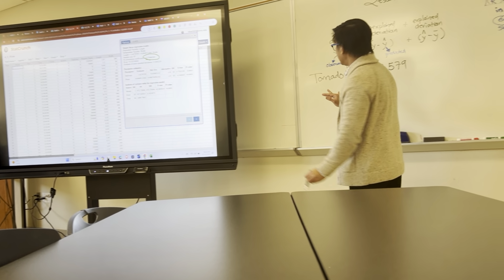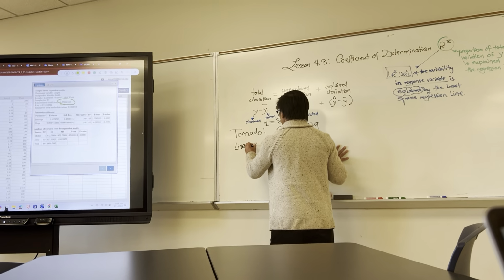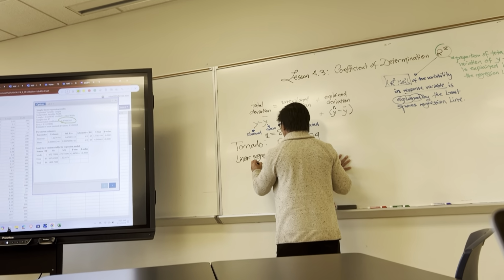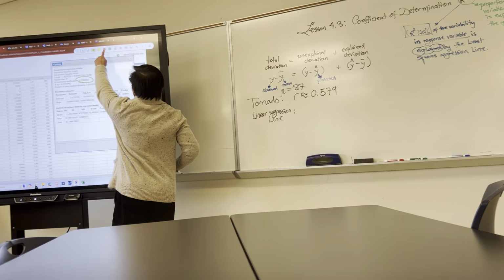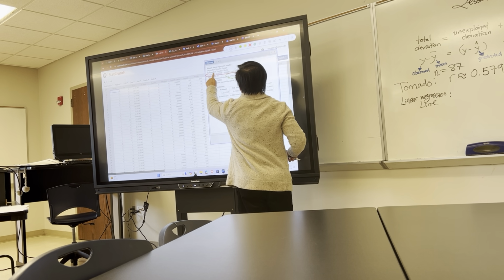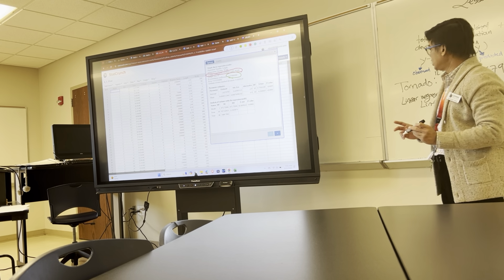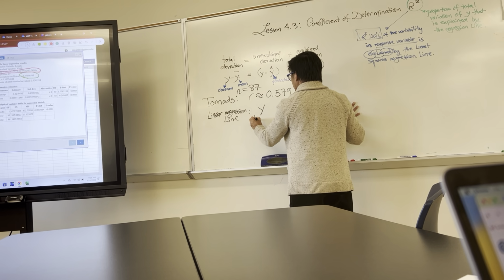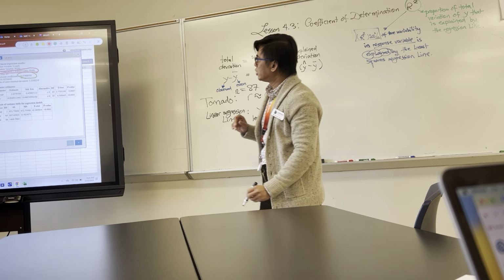So that's our R. What now is our linear regression line, the least squares linear regression line? Let's verify. It is in here. All right, that's our linear regression line. It says your y, that is your length, is equal to how much?